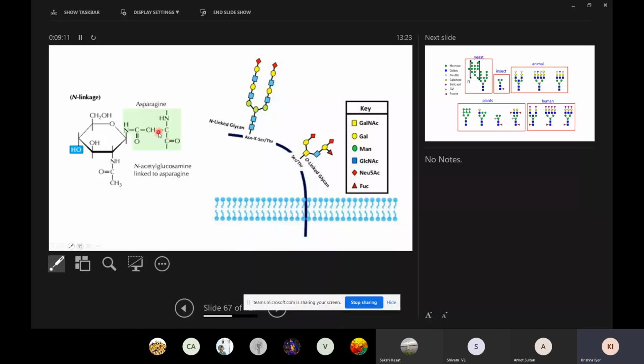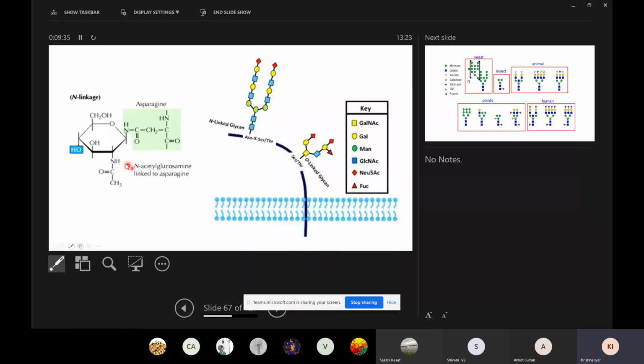This is a side chain asparagine. Aspartic acid normally is CH2COOH, and when it is in the amide form, it is CH2CONH2. Now, to this NH is attached the sugar. In this case, it is N-acetyl glucosamine. So N-acetyl glucosamine is added onto the asparagine, which is part of the protein.